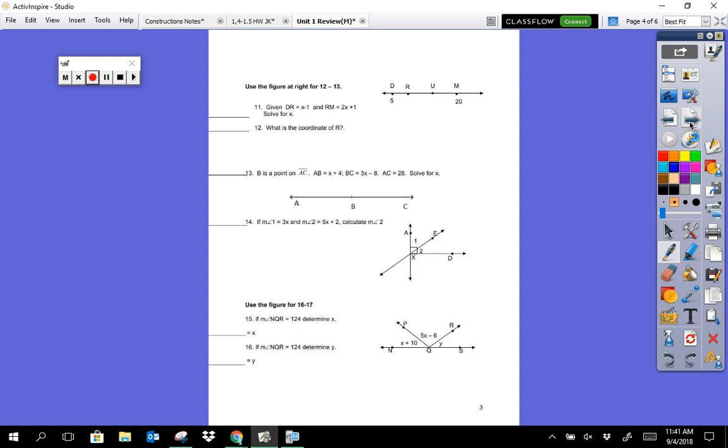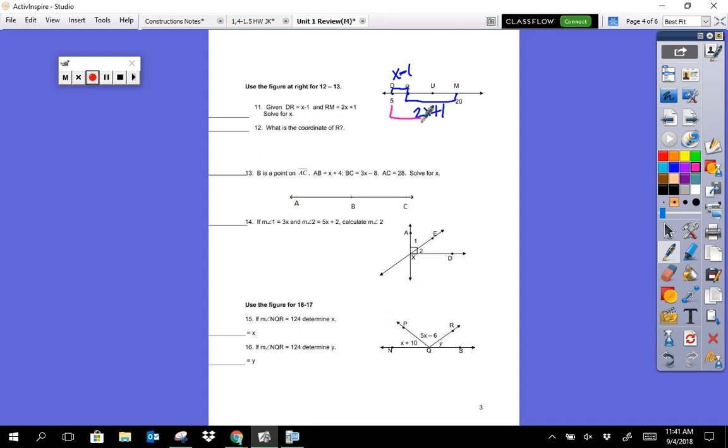Using the figure at the right, we're going to answer these two questions. So given DR equals x minus 1, so this piece here is x minus 1, and RM is 2x plus 1, we need to find x. Okay, which means we need to know what this whole thing is. So you have to use the numbers on the number line.